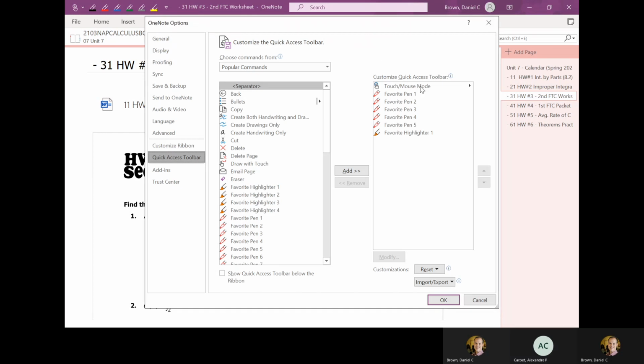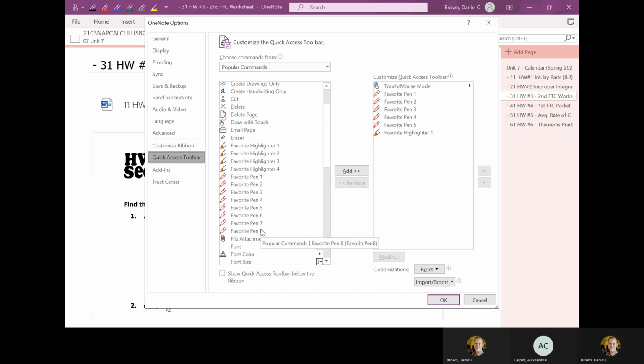So I have these on my Surface. The one I have at school, I also include the forward and back option, just when I'm using my smartboard. But you can choose whichever commands you use the most often. The only thing I hate about it is that you can only choose your favorite pens, up to about 8, depending on how much will fit up here.